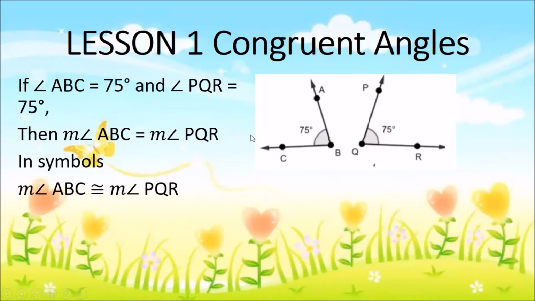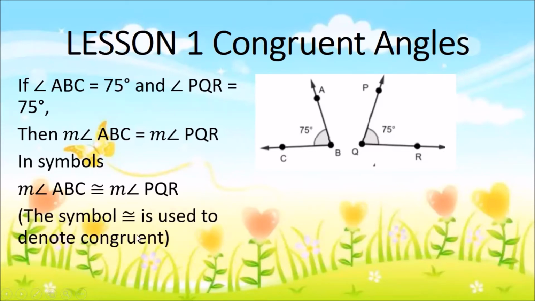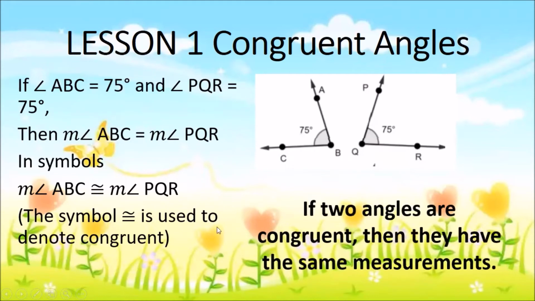In symbols, the measure of angle ABC is congruent to the measure of angle PQR. Ito yung symbol ng congruent, used to denote congruent. Therefore, if two angles are congruent, then they have the same measurements. I hope clear po at maliwanag ang tinatawag na congruent angles.